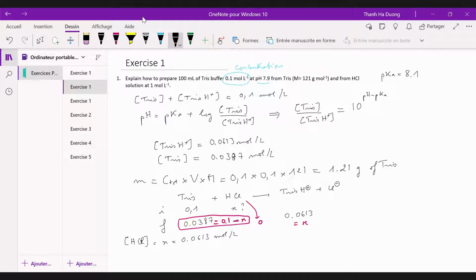So the concentration of fluoride acid will be this. So the volume that you need to add is the number of mole over the concentration. Okay, so it will give 6.13 milliliter.